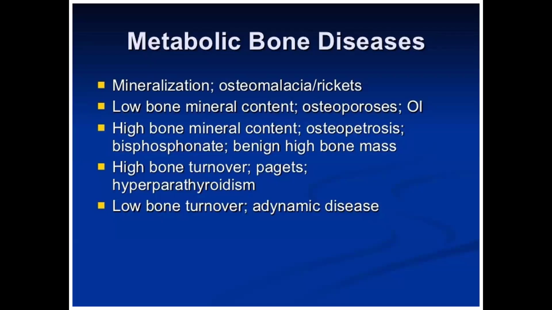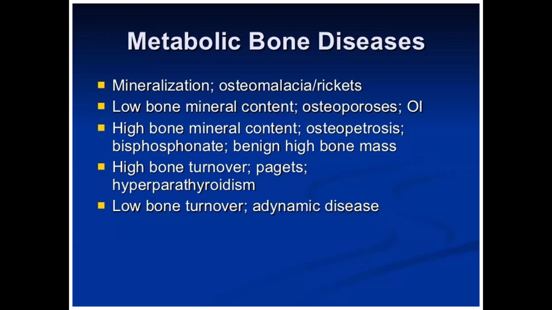Metabolic bone diseases. Mineralization diseases, basically osteomalacia and rickets. Rickets is the childhood form of osteomalacia. Another metabolic bone disease is low bone mineral content, or osteoporosis, and osteogenesis imperfecta.